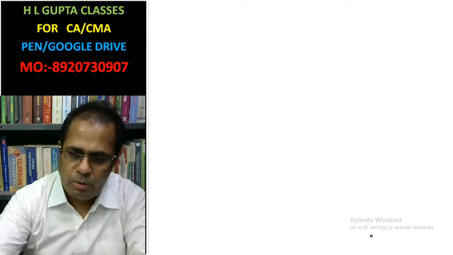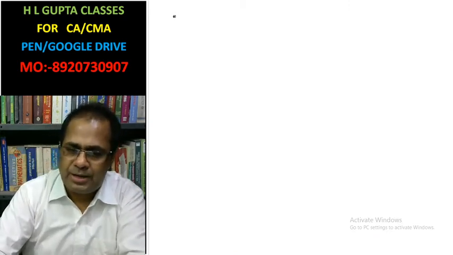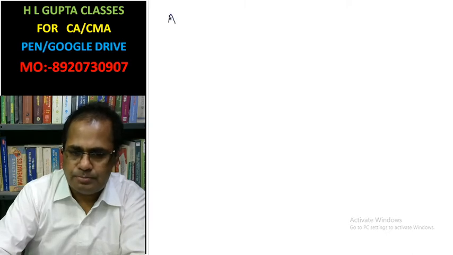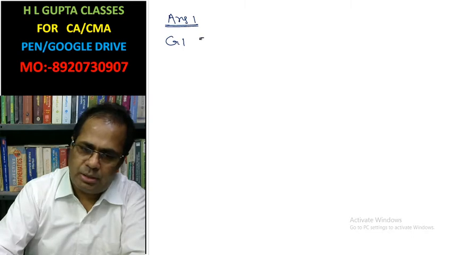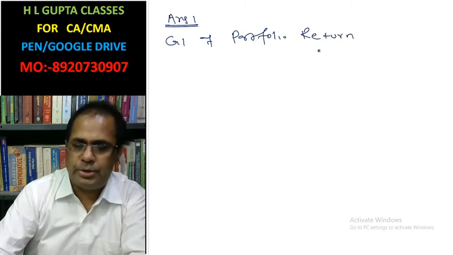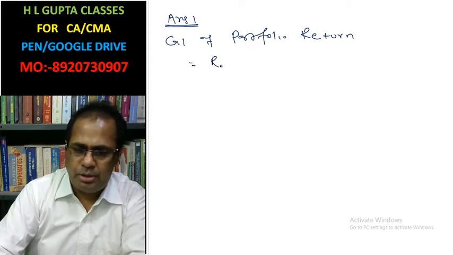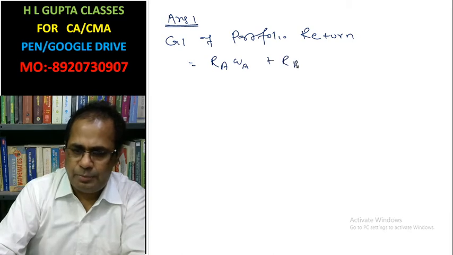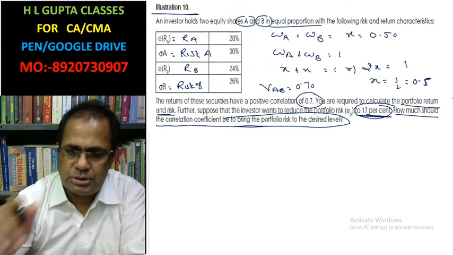Now I am going to calculate portfolio return. Calculation of answer, first part: calculation of portfolio return. Portfolio return equals return A into weight A plus return B into weight B. What are the returns given in the question?